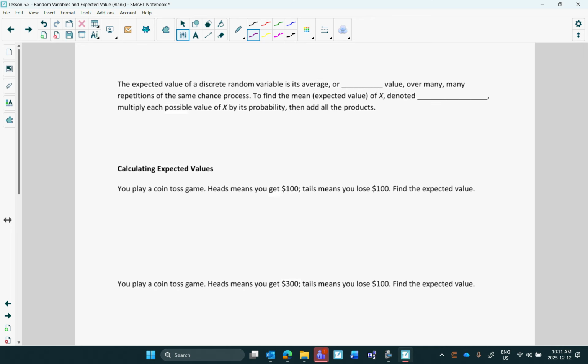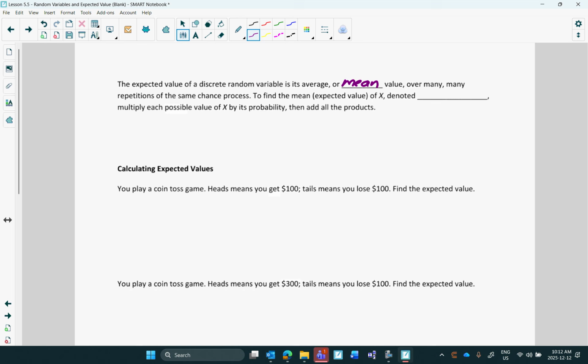Then we took the probability of losing times its payout of negative 100. So using that, we can develop a formula for finding the mean of a random variable, or its expected value.